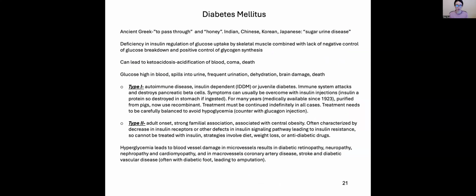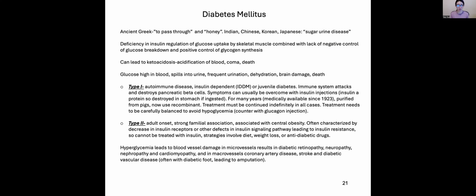All right, so let's talk a little bit more about diabetes mellitus. In Indian, Chinese, Korean, and Japanese languages, diabetes mellitus is also called a sugar urine disease.